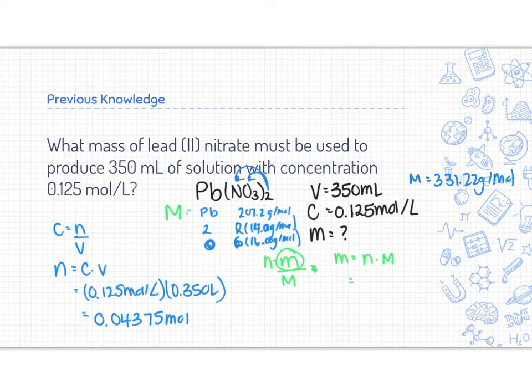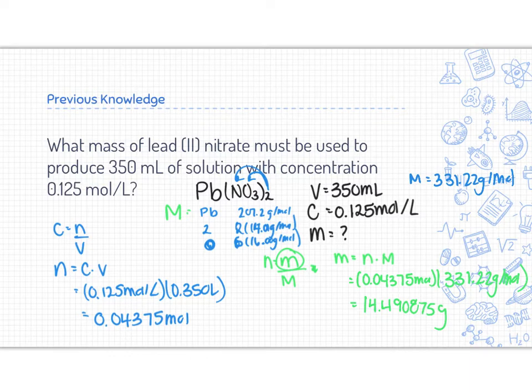So we'll multiply our calculated moles, 0.04375 moles, times the molar mass we just calculated. Sorry, it's a little bit hard to read there. And we get a mass of 14.490875 grams. I just copied all of the numbers from our calculator.